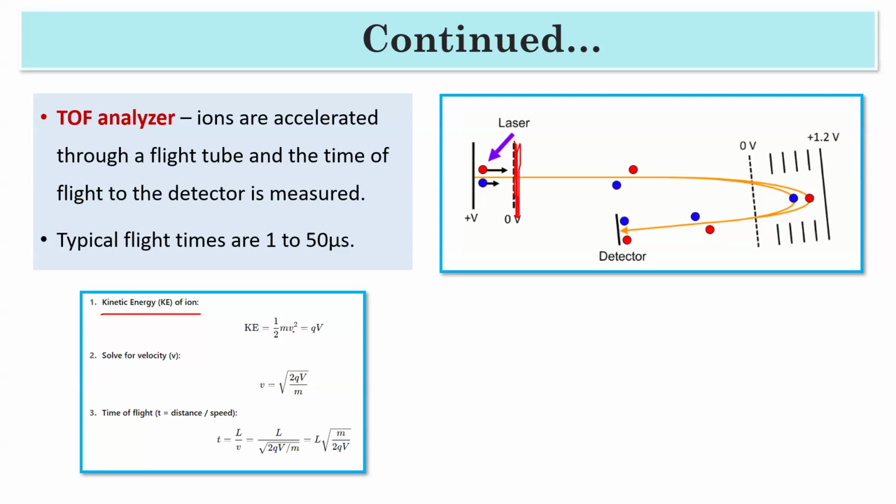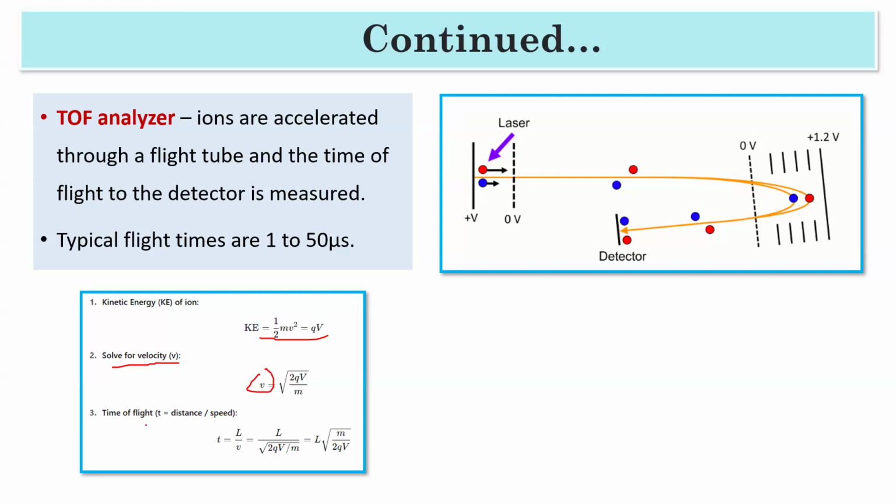We can estimate how much it will be. This will be just q into V. And now we can estimate the velocity. How much will be the velocity of these ions? If you use this formula, you get the square root of 2qV by m.